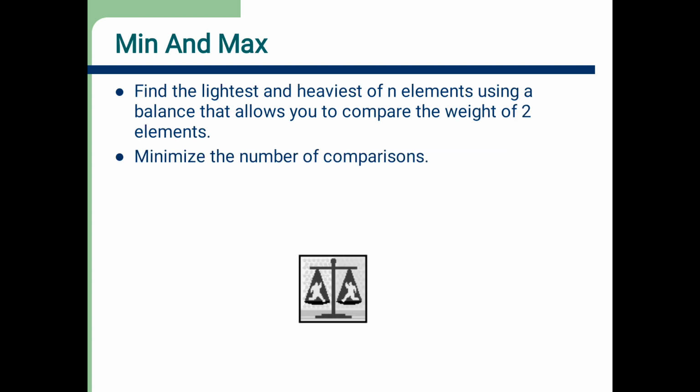Coming to the min and max problem, in this algorithm also we are using the divide and conquer technique itself, because the unit name itself is divide and conquer. Find the lightest and heaviest of n elements using a balance that allows you to compare the weights of two elements.